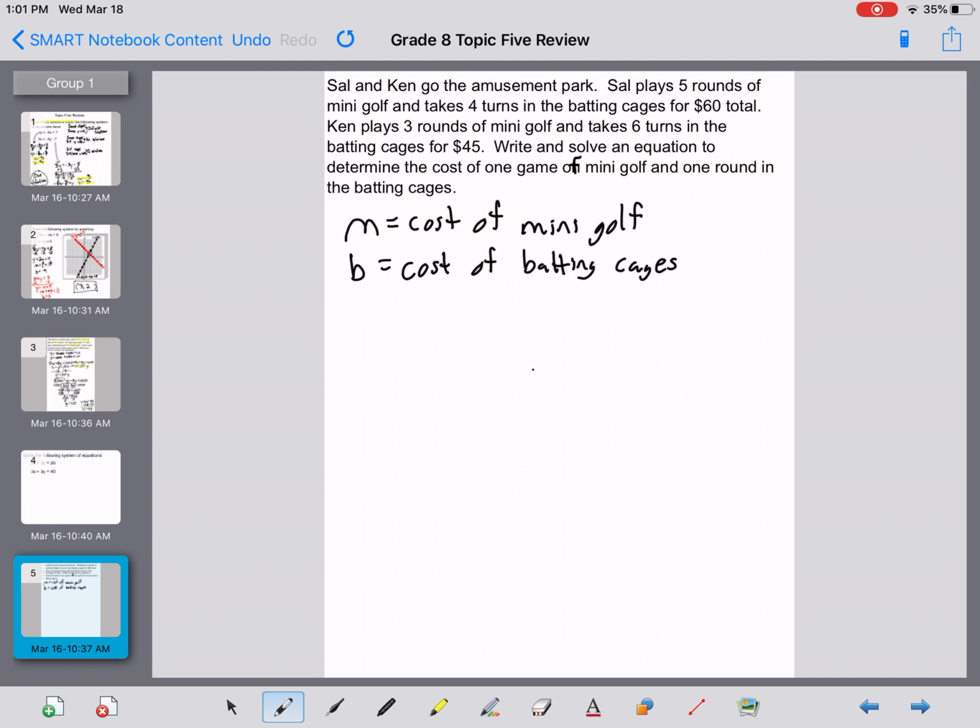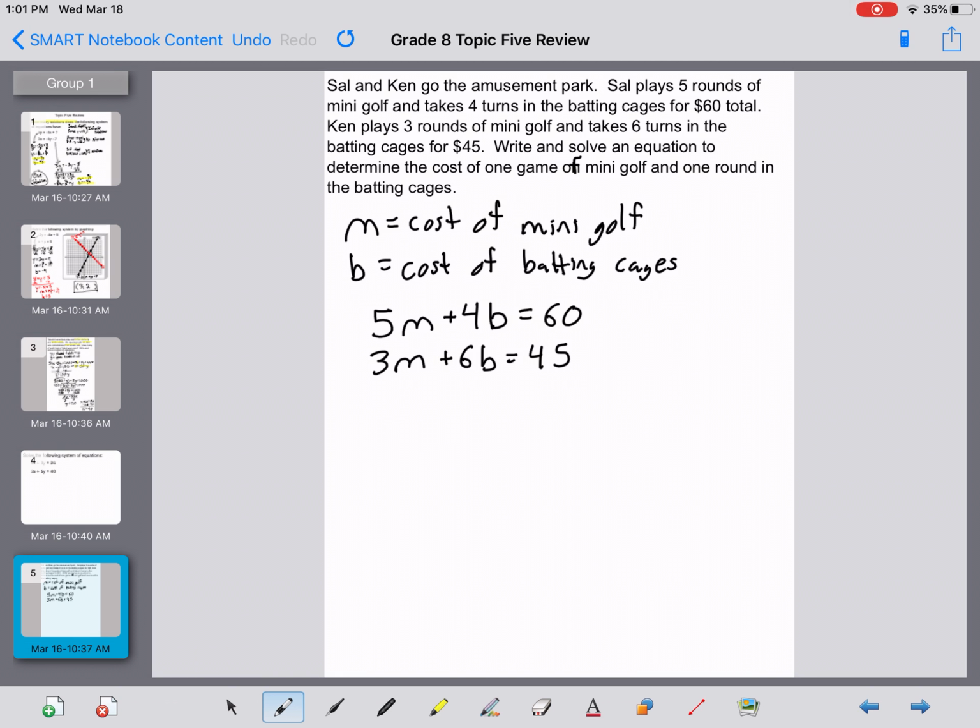So Sal comes first. We have 5 times the cost of the mini golf, which is 5M, plus his 4 turns in the batting cages would be 4B, equals 60. Now Ken does 3 rounds of mini golf, so it'd be 3M, plus his 6 turns in the batting cages would be 6B, equals 45.